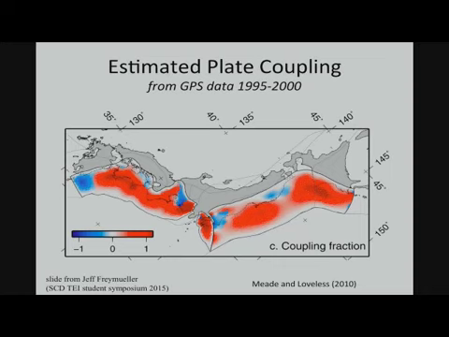That means that the blue regions are where they are not locked, and in some cases that's because of episodic tremor and slip that is seen in these regions. In some cases it's because of slow deformation after a large earthquake that happened before. But these places where you have this high coupling are of course of concern, because that's where you might see the highest risk of big underthrusting events.